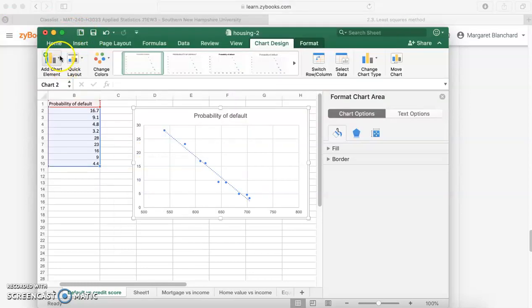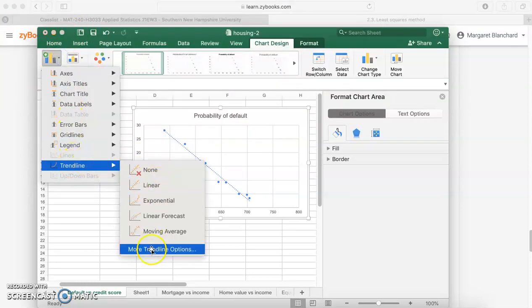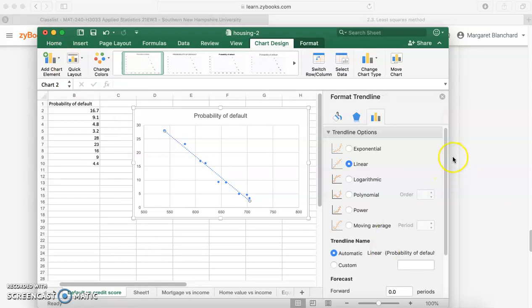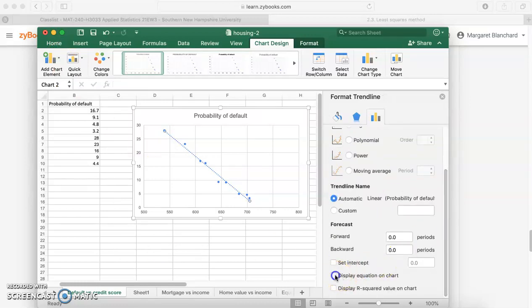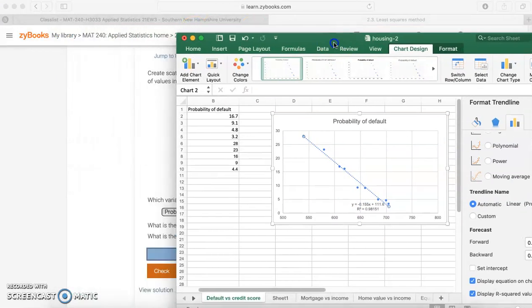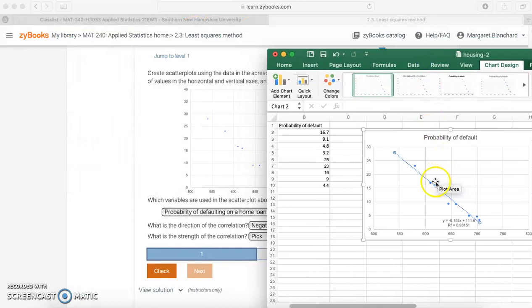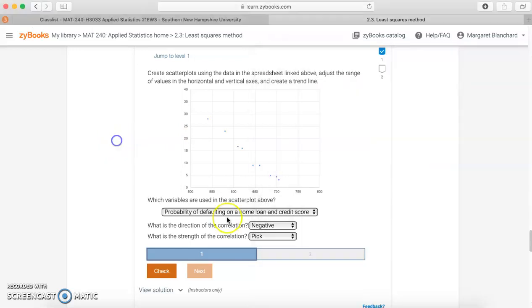And what's kind of cool is you can go down to these more trend line options, and if you scroll all the way down, it'll give you your correlation, your R squared, and your linear regression line. You can see everything's really close. In other words, we would also say that our residuals are really small because you can see these dots are hitting on the line. There's not a lot of that epsilon error there. So we would say that this is a strong correlation.